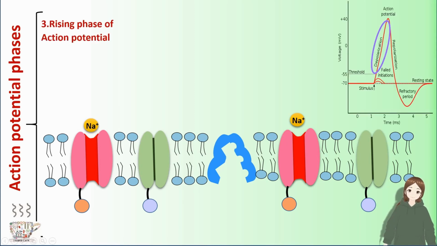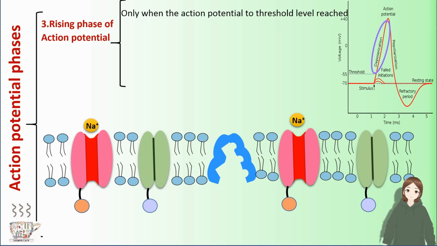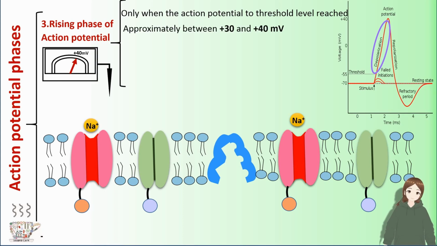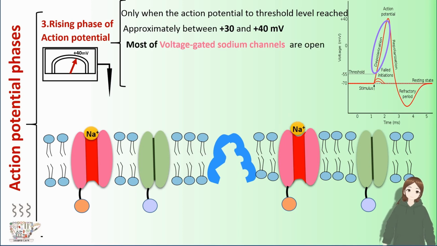The third phase is rising phase of action potential. This occurs only when the action potential reaches the threshold level. The voltage is approximately between plus 30 and plus 40 millivolt.